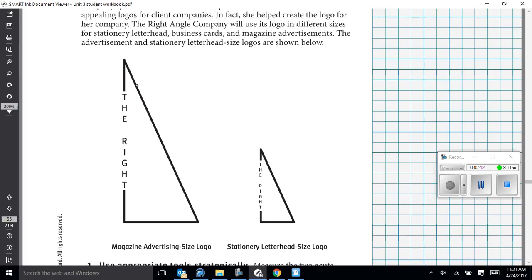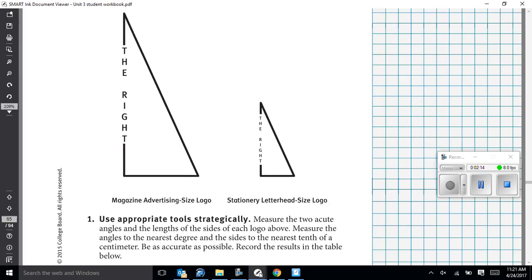So are all right triangles similar? On Friday, we looked at a 45-45, so it was an isosceles right triangle, but we also looked at a 30-60-90.